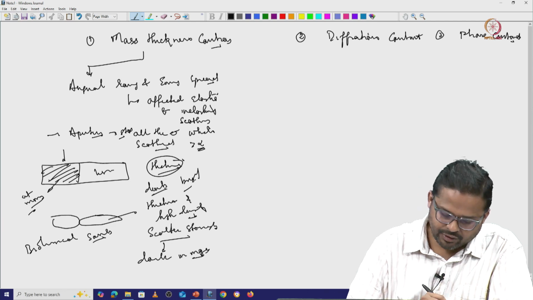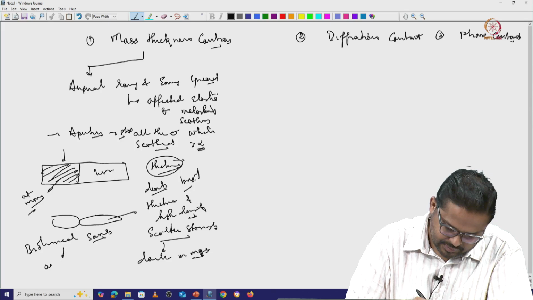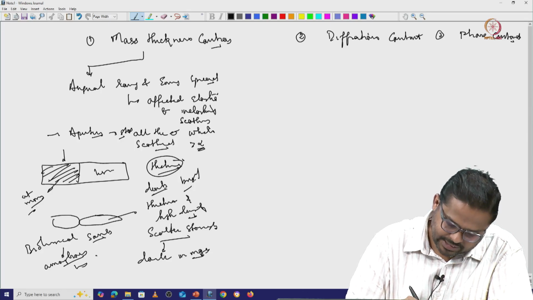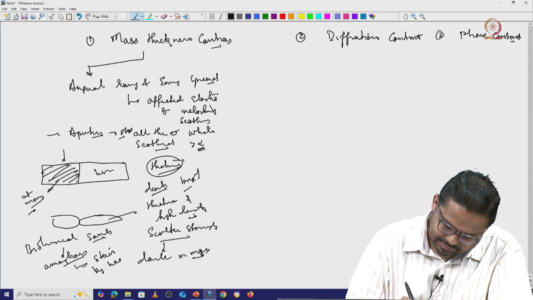Okay. So, in biological samples, usually these are amorphous. So, the sample regions which are important, they will stain with heavy metals.